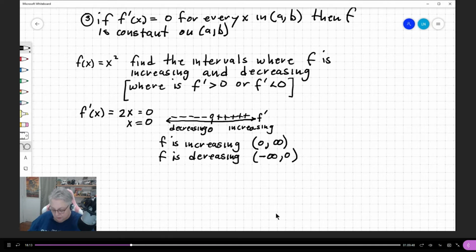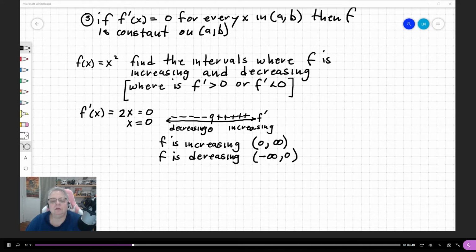All right, so that's very similar to what we did with functions when we were solving inequalities, or trying to graph, find out where something is positive or negative. It's the same idea, only now we're doing it with the first derivative, which gives it a slightly different meaning.